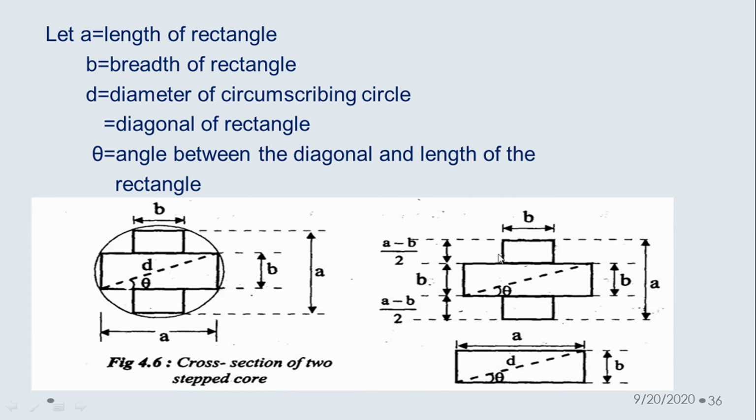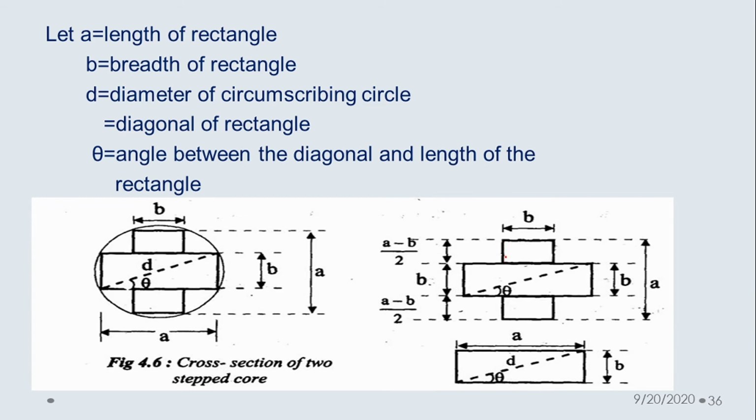Same way, if you see the figure here, this length is nothing but (A minus B) by 2, correct? Because the total length is A, and you have to subtract this B, and half of that is (A minus B) by 2.